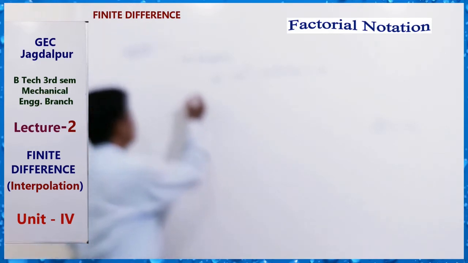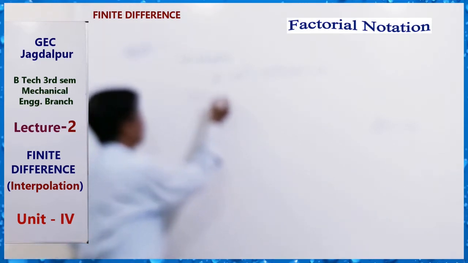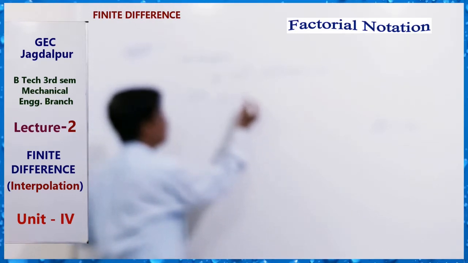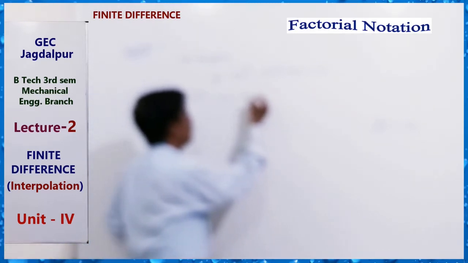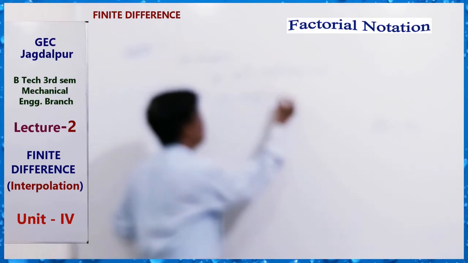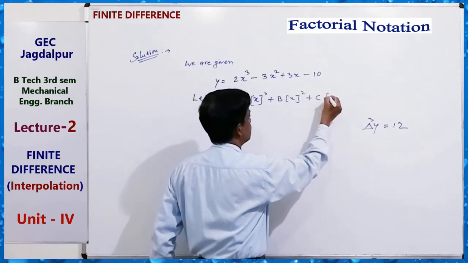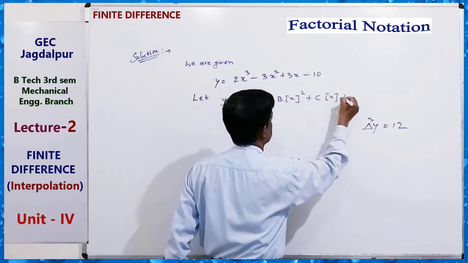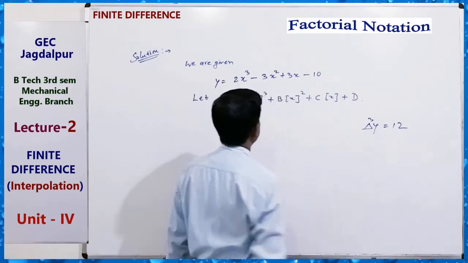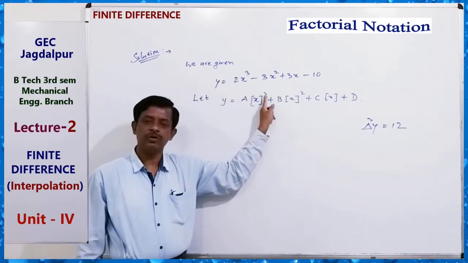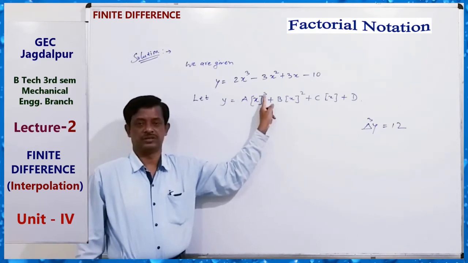let y equal a x^(3) in factorial notation plus b x^(2) plus c x^(1) plus d. That is a third degree polynomial in factorial notation.